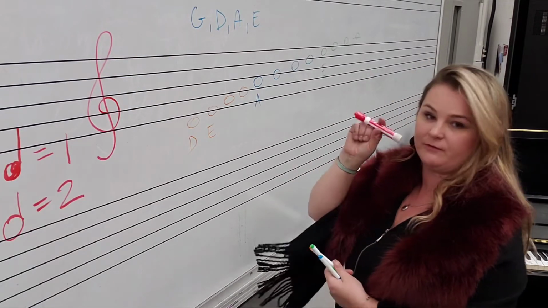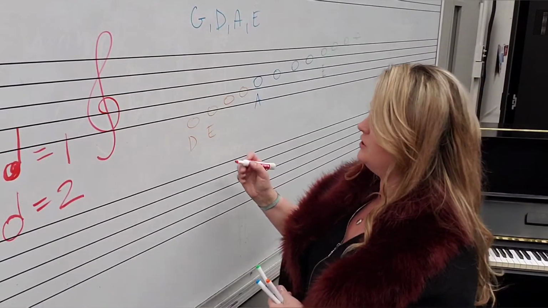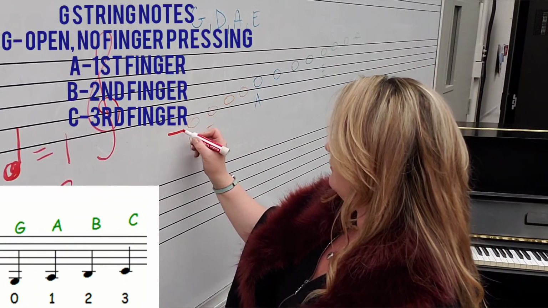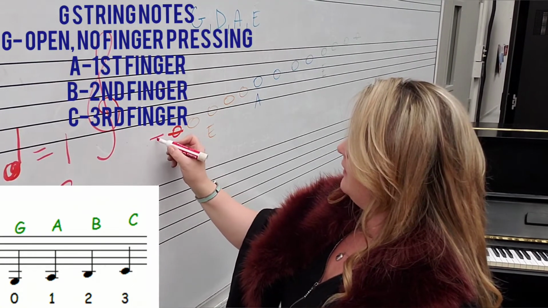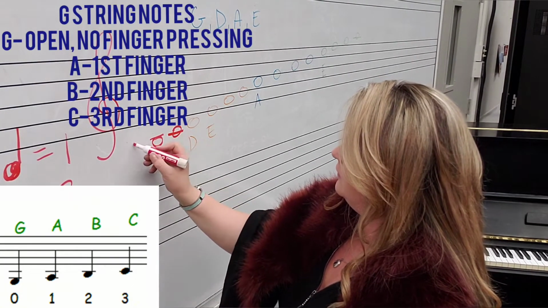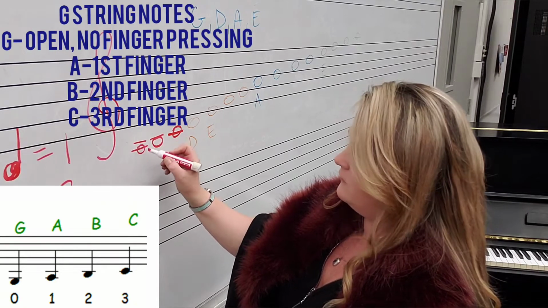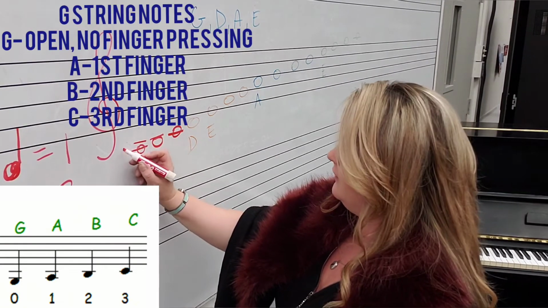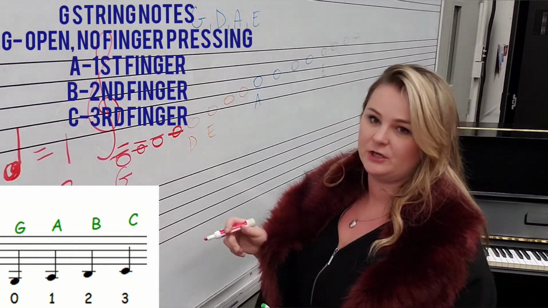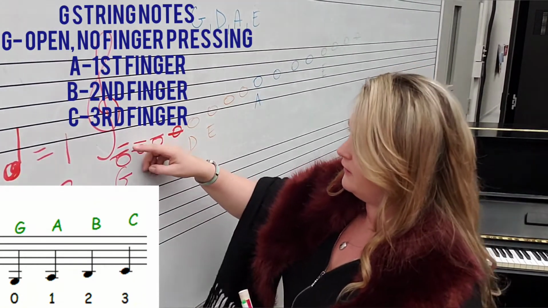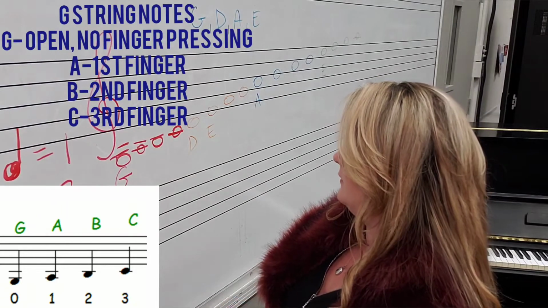So I'm left with red, so I'm going to use red for G. If we go backwards, I'm adding 1 ledger line, then under that line I'm adding 1 more note, 2 lines on top. This is the lowest note we can play on violin, which is G, and it's under that second added line.